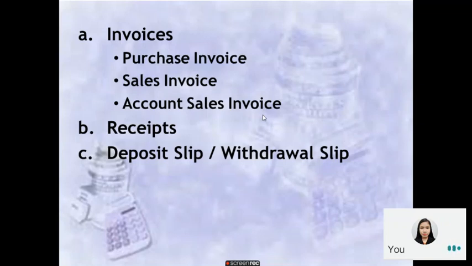And also a withdrawal slip. If the owners withdraw money from the company, this must have evidence by a withdrawal slip. Next are the checks. If the business has a checking account, all the disbursements must have issuance of checks.